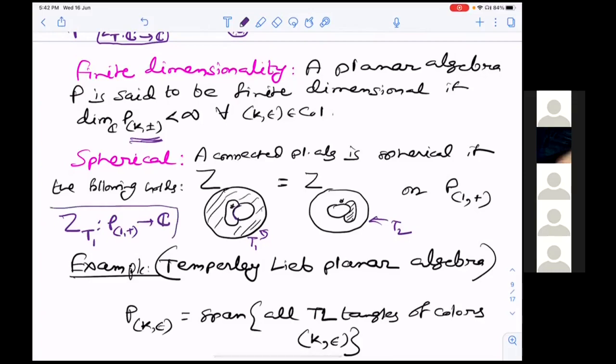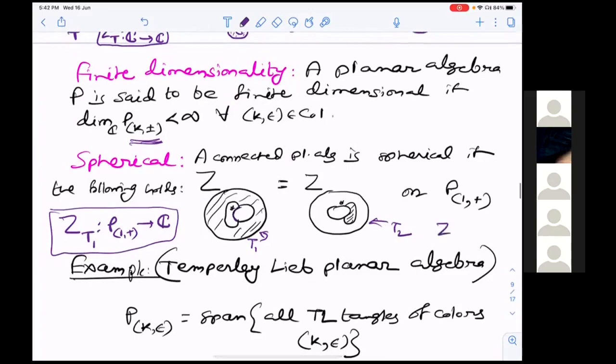So Z of T1 is a map from this vector space P1 plus to C, and Z of T2 is also a map from P1 plus, where the color of the internal disk is 2. Sorry, 1 plus. So this Z of T2 is again a scalar, and this is saying that these two are the same. This is called spherical.